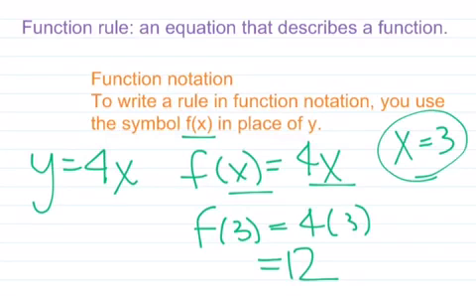So I told you that your x value was 3, and then we solved to get your other point in that ordered pair. So that would be 3, 12. So the ordered pair 3, 12 satisfies the function rule f of x equals 4x. Inputting other values for the variable x will determine other ordered pairs that will satisfy this function rule.